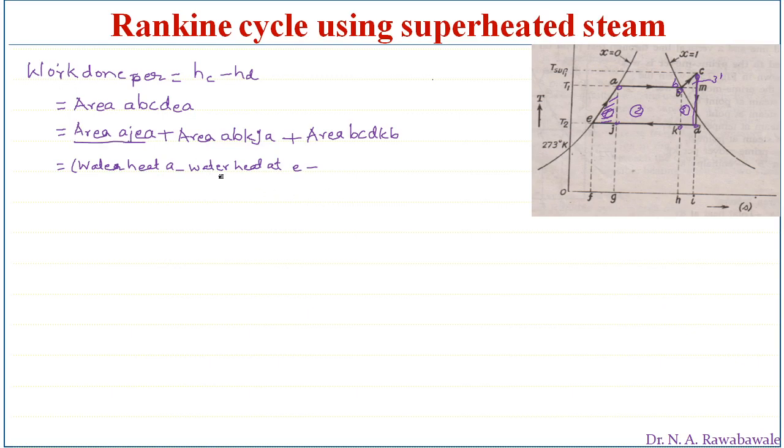So the first can be written as water heat at A minus water heat at E, minus the area EJGFE. Water heat at A means complete heat below this A, then heat at E means complete heat.